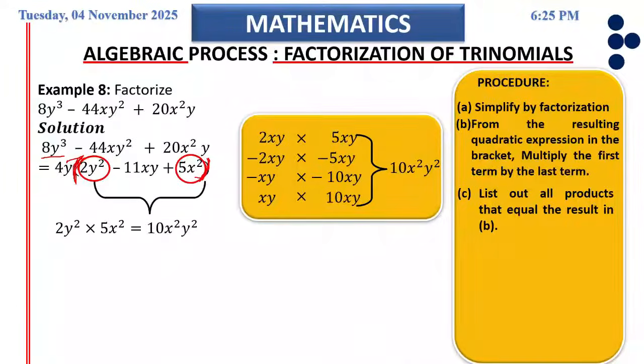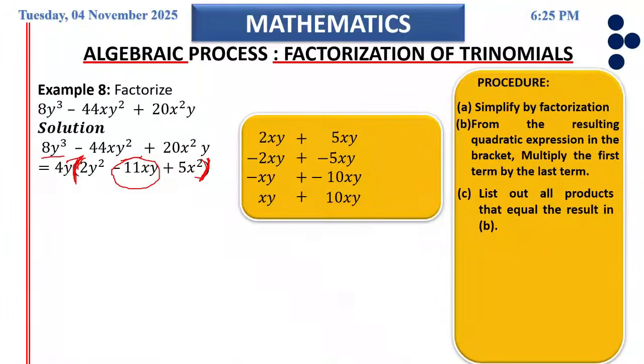If you have that, you can then check which of them, when added together, will give you our middle value here. That's our middle value. So which one will give us our middle value as stated?